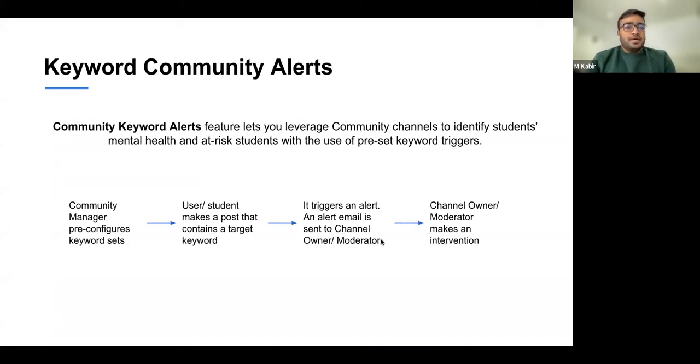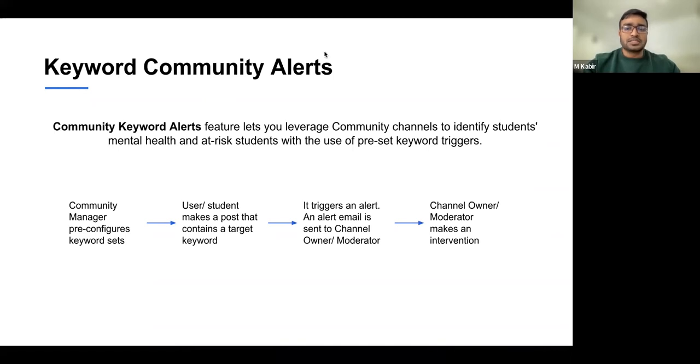All right, so as I said, the feature is called Keyword Community Alerts, and as the name suggests, this feature will let you leverage the community channels, like all of you are familiar with different channels, to identify students' mental health and at-risk students with the use of certain preset keyword triggers.